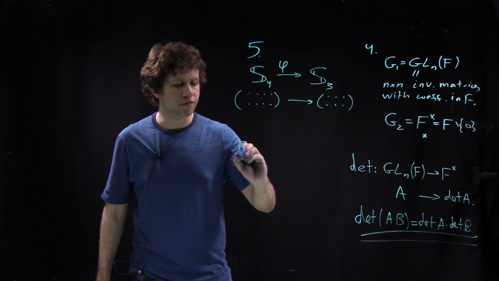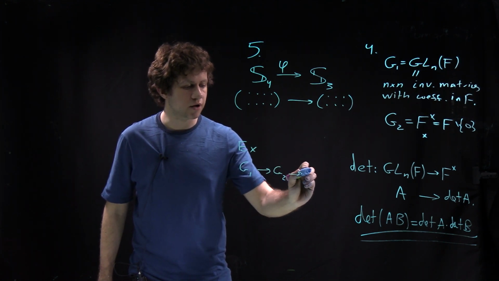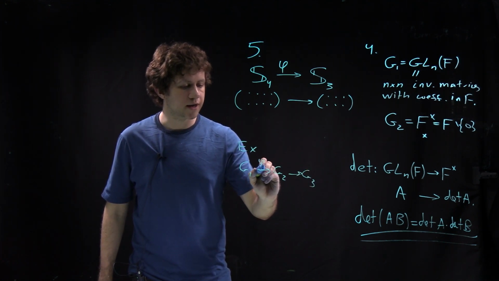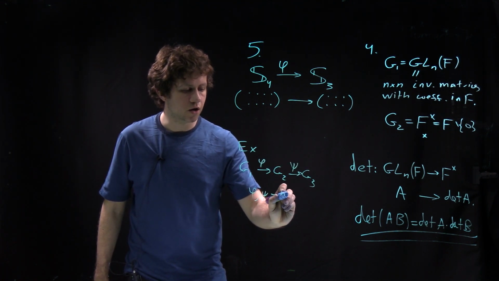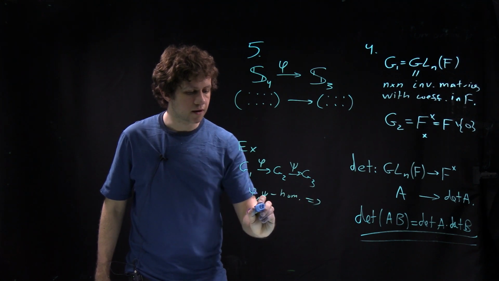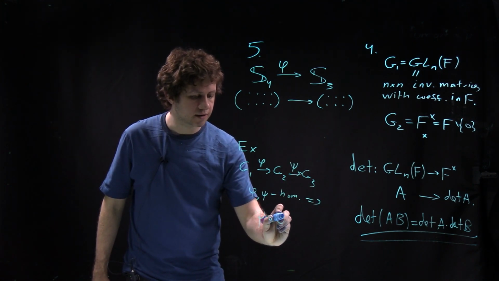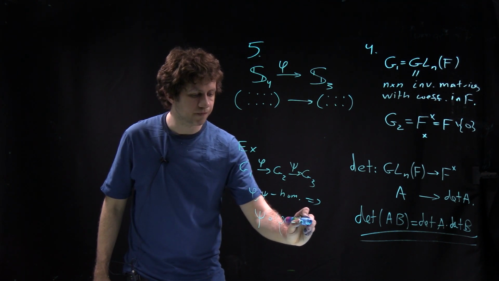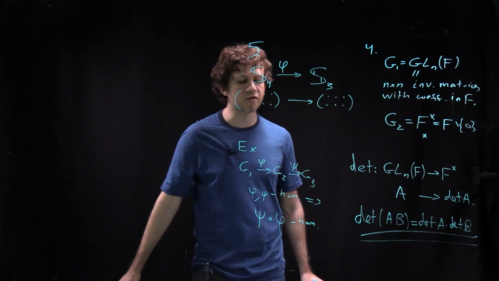If you have 3 groups, G1, G2, G3, and you have phi and psi, and if phi and psi are homomorphisms, then if you do first phi and then psi, that's also a homomorphism. So the composition of homomorphisms is a homomorphism. That's pretty trivial.